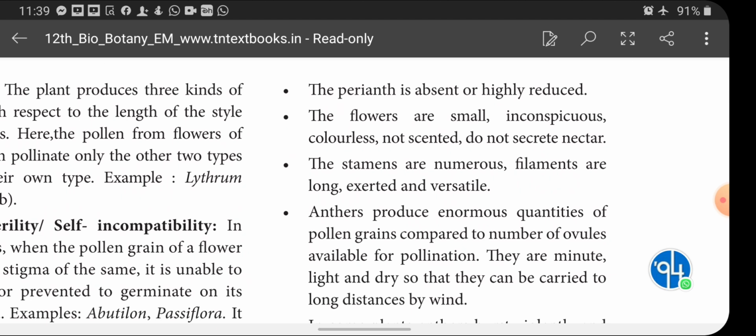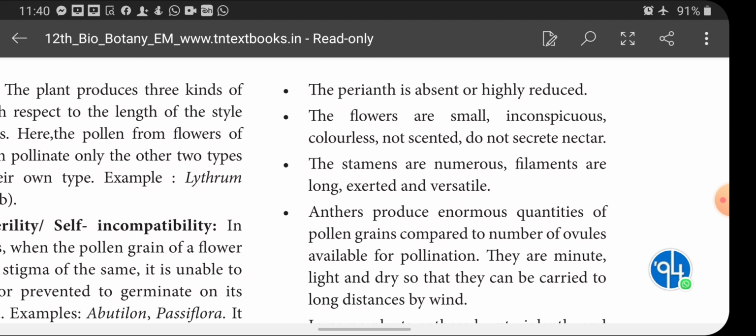Insect pollinated flowers should be large, brightly colored and scented, with nectar to attract the insect. But in wind pollinated plants these characters are not necessary, and the flowers are very small.